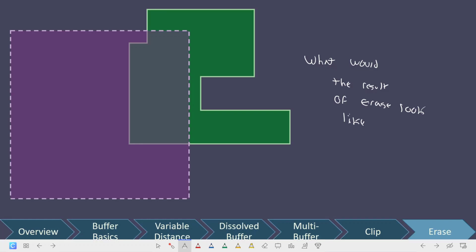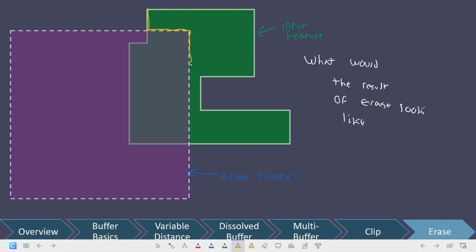So with erase, what happens? Actually, let me clarify here. This is our input feature, and this is our erase feature. And if we were to run erase, what would happen is we would take the geometry of the input feature, and anywhere that it was overlapped by the erase feature, we would cut that out of the input feature.